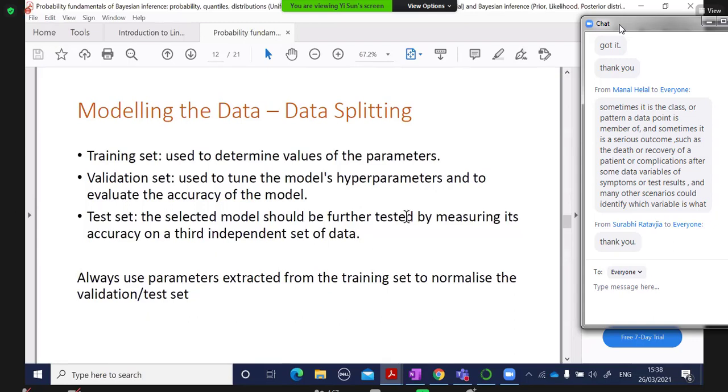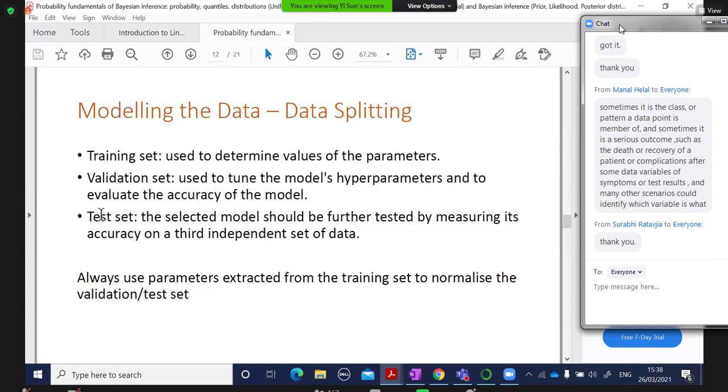Test set. The selected model should be further tested by measuring its accuracy on a third independent set of data. This is really, really important. The model should be evaluated on samples that were not used to build or fine-tune the model.